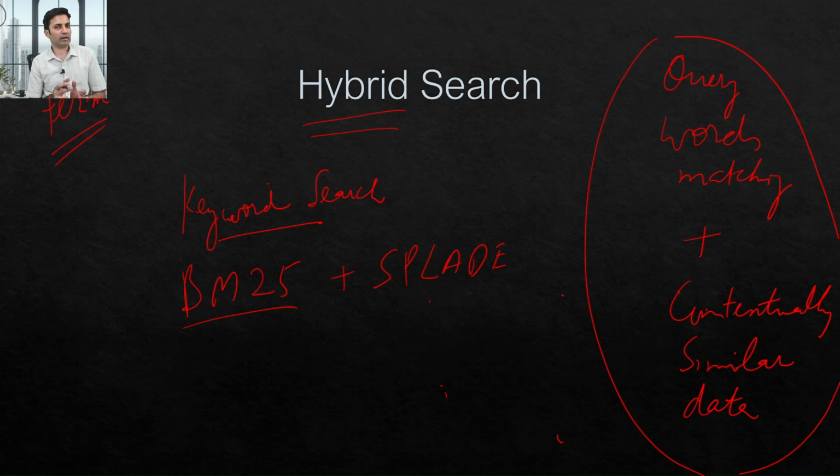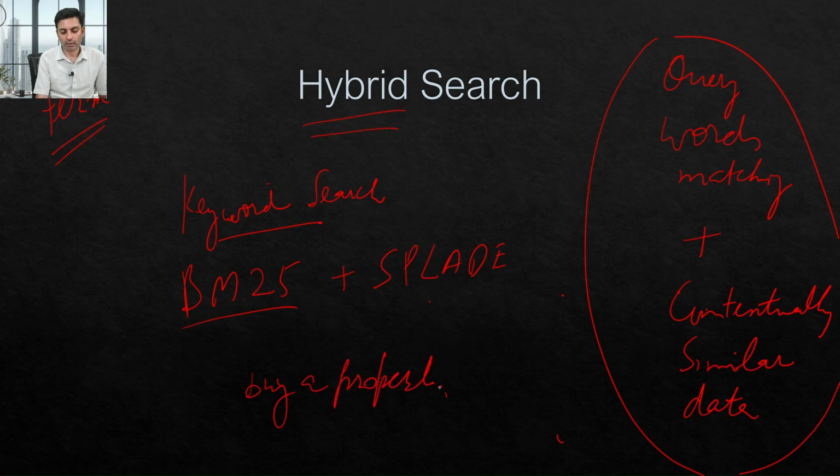In BM25 it will look for the terms, but in case of SPLADE it tries to extend the term. For example, when I say buy a property, it will try to convert property into, let's say, house, building, residential, something like that.